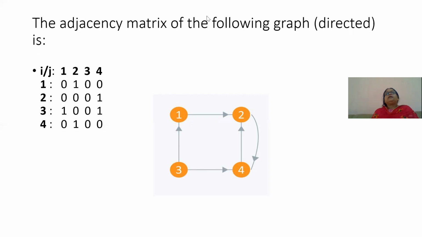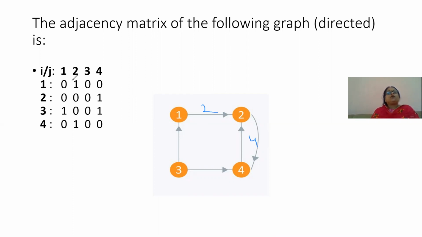Suppose it is a directed and weighted graph. If there is a weight 2, and 4, so 1 to 2, there is an edge.